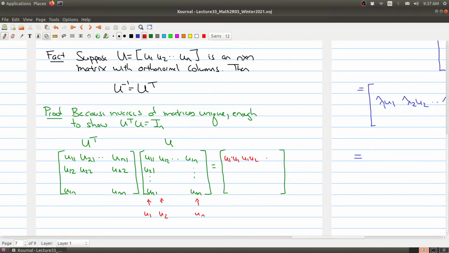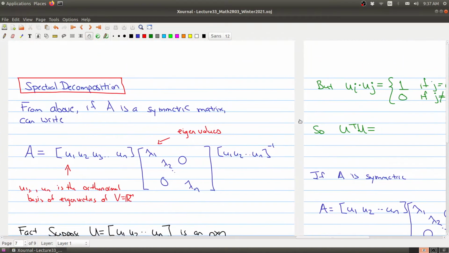Over here you get U1 dotted with UN, because these are dot products. Then you fill in this whole matrix. So here you get UN dotted with U1, and so on, and then UN dotted with UN. So you have a whole bunch of dot products going on here, and you have to remember that these are all orthonormal columns.